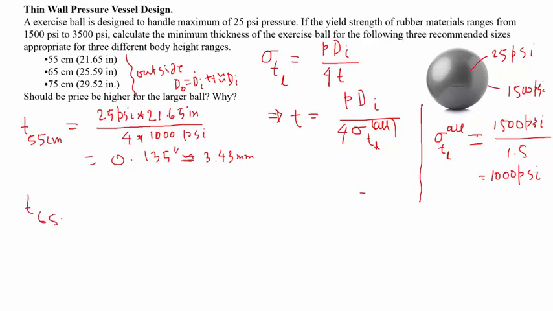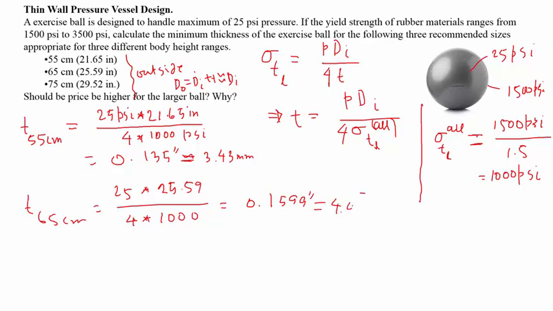And then for the 65 centimeter ball, you can simply do 25 times the diameter, 25.59, divided by 4 times 1000 psi, so that I got 0.1599 inches, which is equal to about 4 millimeter.